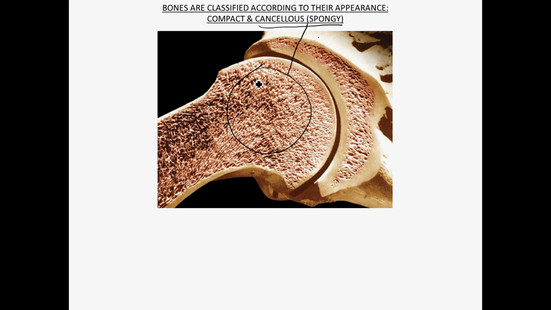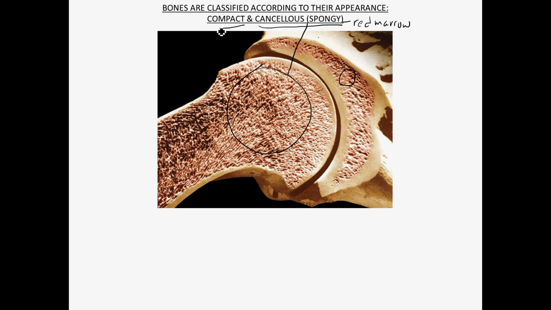And so you have these little spaces here. And you can see here in the section through the pelvis as well, this is cancellous bone or spongy bone. And what would be in there would be red marrow. And again, these are the sites of hematopoiesis as discussed in the blood unit.